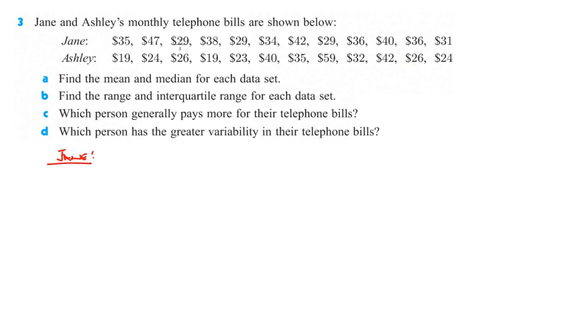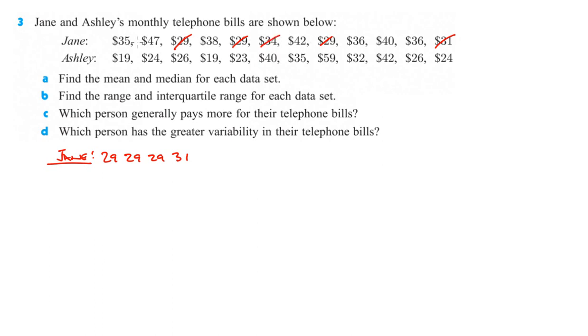Okay, let's see, 29 looks like it's the lowest, and there are 3 of those. So 29, 29, 29, and then let's see, looks like 31 is the next. And then we just kind of keep hunting for lower ones.